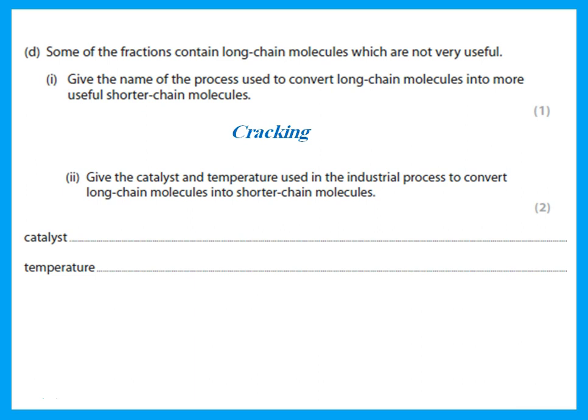Now he says give the catalyst and temperature used in cracking. What was the catalyst for cracking? Remember that we said in organic there are some reactions that you have to know their conditions. For cracking, the catalyst was aluminium oxide catalyst, or we call it alumina. The temperature for cracking, 600 to 700 degrees Celsius.